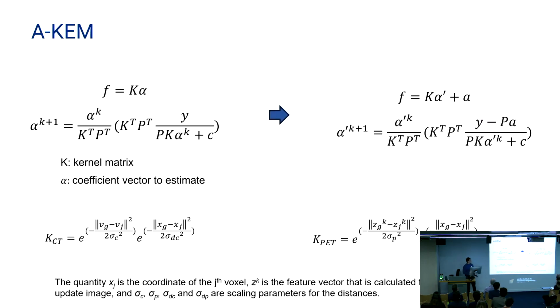In this study, we mainly use the PET-CT scanner, so we have the attenuation correction CT acquired before or after the PET acquisition. We use the CT here as the prior information, modeled as a Gaussian kernel. And as I said, for the HKEM, we use the PET update image also as prior information, and we model them as a Gaussian kernel on the right.